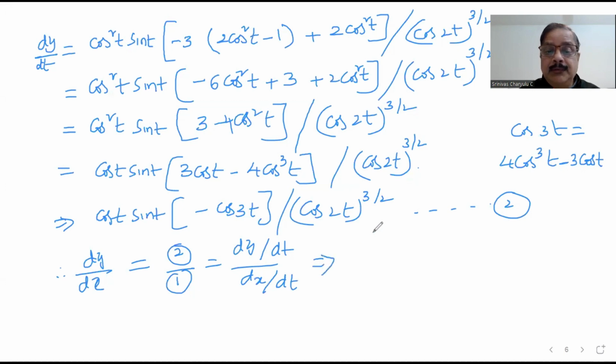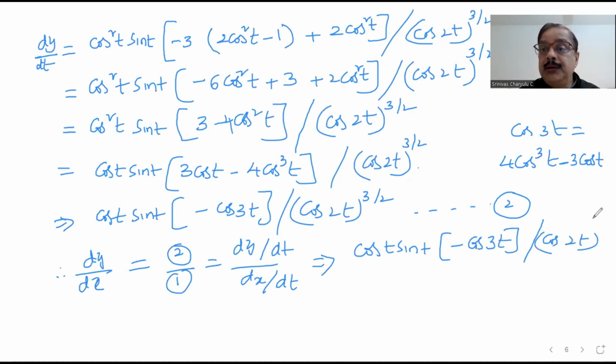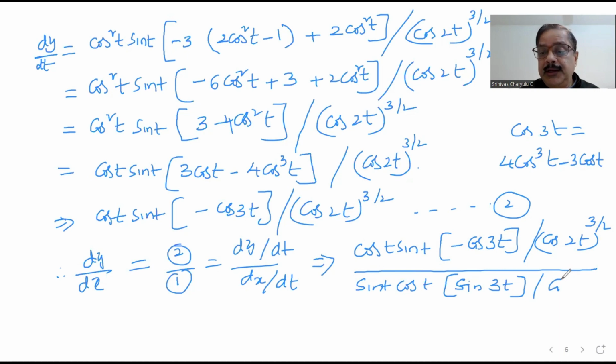So this will become now cos t sin t minus cos 3t divided by cos 2t all to the power of 3 by 2, entire thing divided by sin t cos t sin 3t whole thing divided by cos 2t whole to the power of 3 by 2.